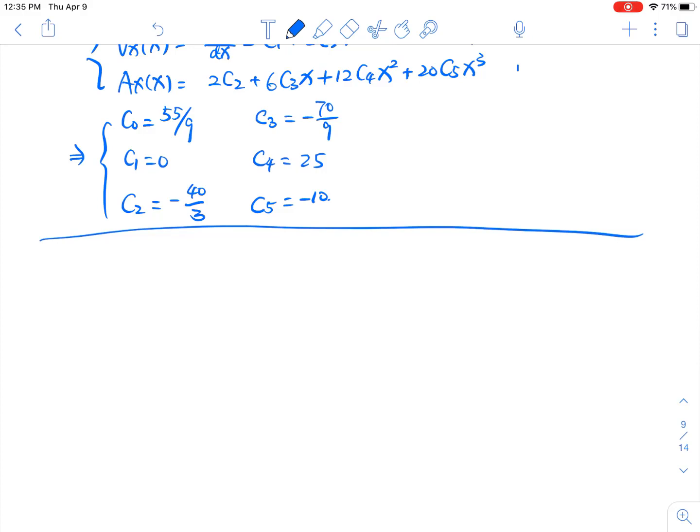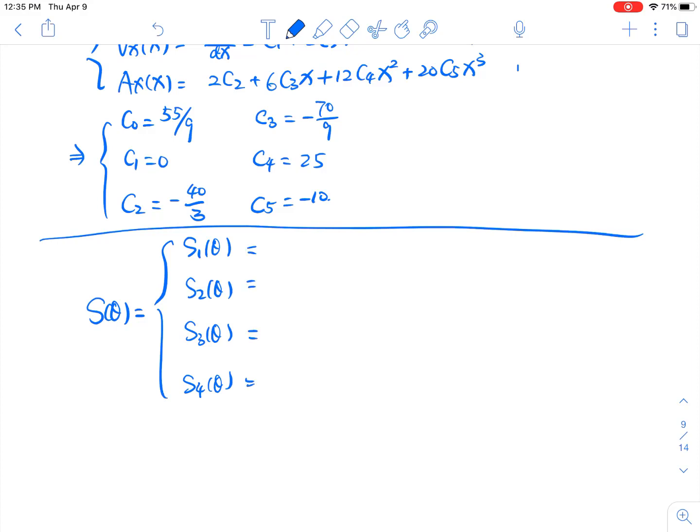Then you have to write your S theta out. Your S theta is just S1 theta, S2 theta, S3 theta, S4 theta. You express them out, and that's a piecewise function.